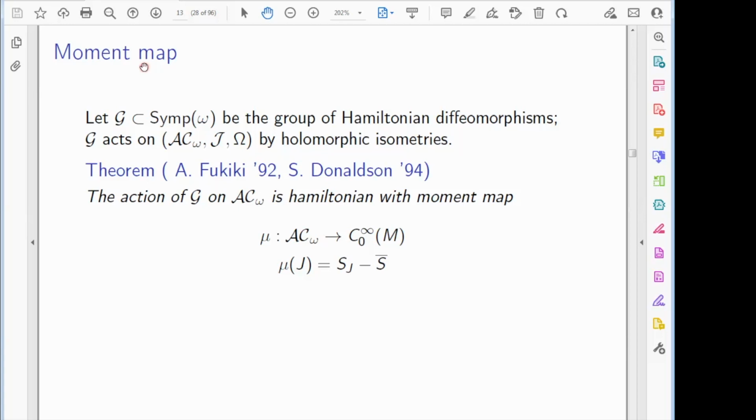So assume you know what a Hamiltonian vector field is.